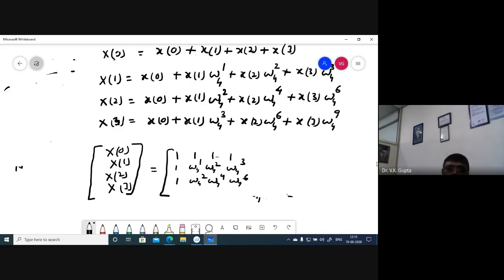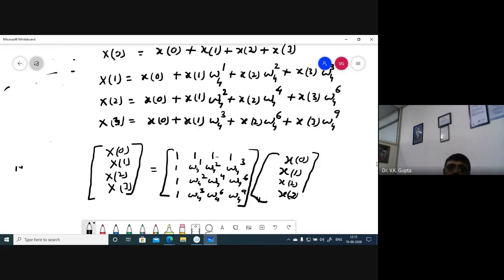In the fourth equation, we have 1, W43, W46, W49. Then the variables x0, x1, x2, x3. Can we write these equations like this?